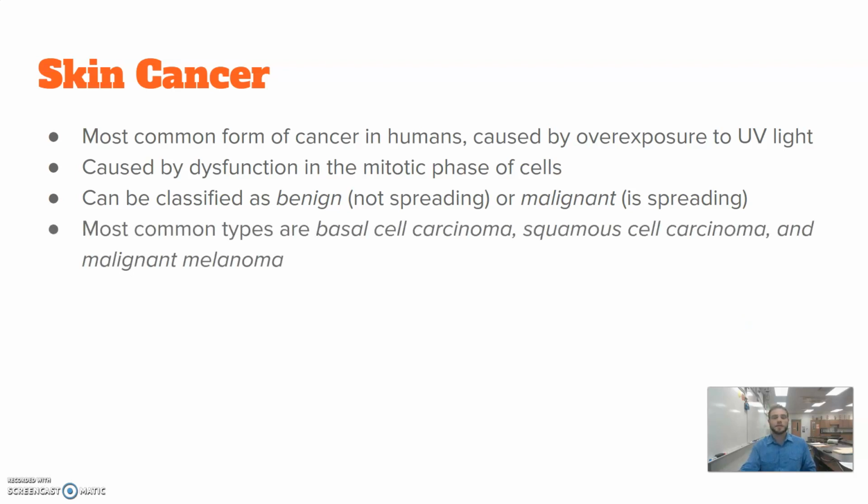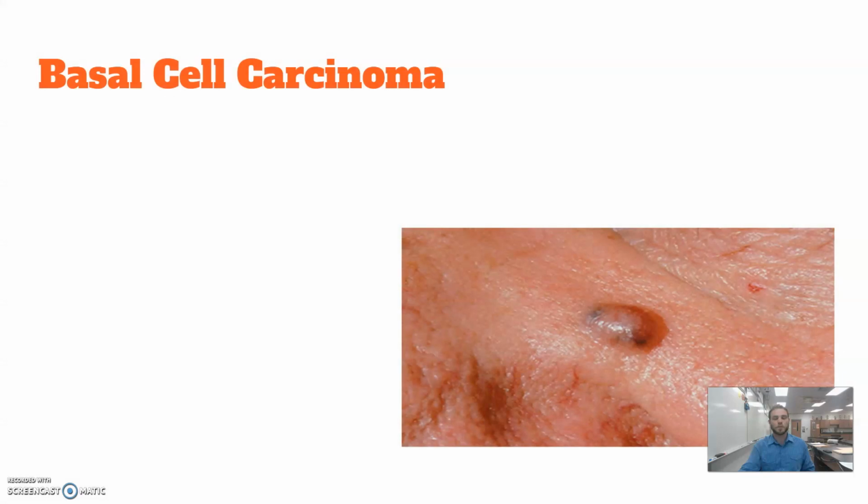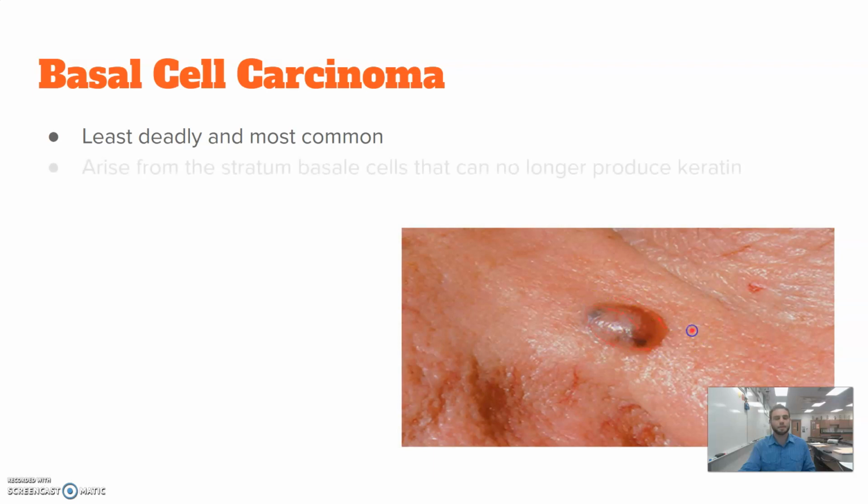The three types of skin cancer that we're going to take a look at, these are the most common, are basal cell carcinoma, squamous cell carcinoma, and then we'll take a look at malignant melanoma. So basal cell carcinoma, here's an example of it right there. It is the least deadly and the most common form of skin cancer. So we're doing very well there that the most common skin cancer we get is actually not as bad.